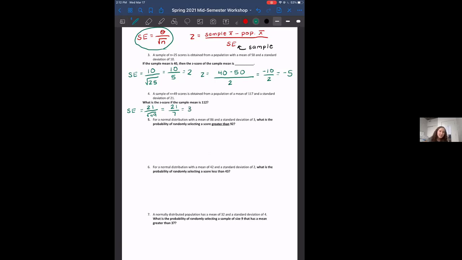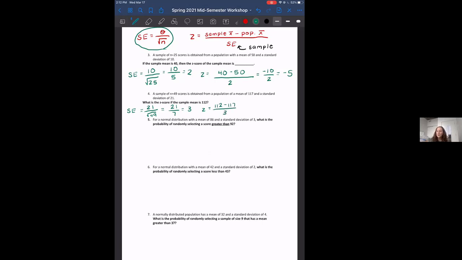Now we just need to plug it into the z-score formula we have. So z is equal to, what's the sample mean? What's the first number we should have? 112, good. And what about the population mean? 117, yes. And we already said the standard error was 3.